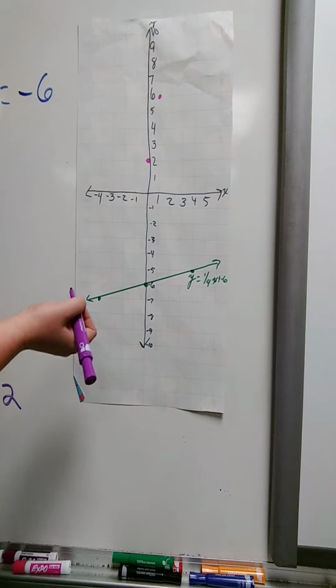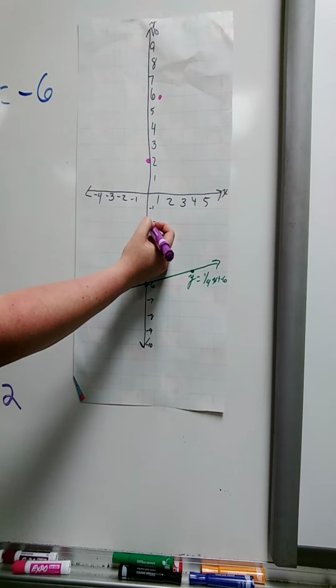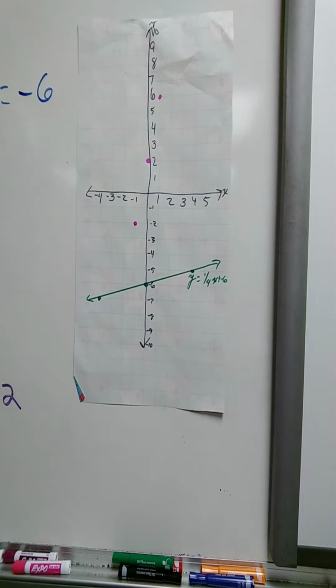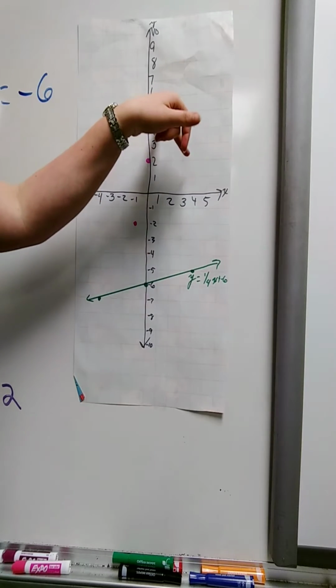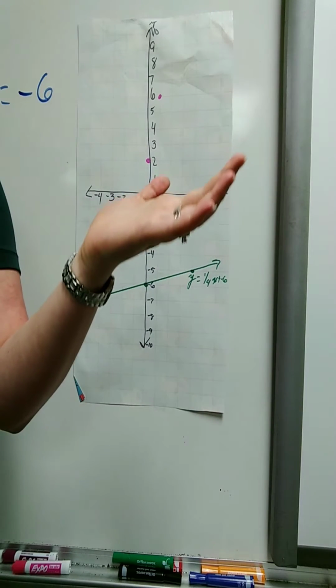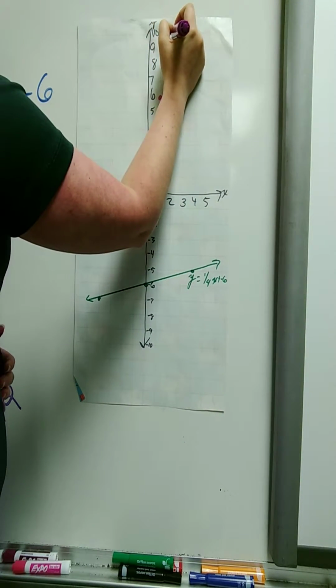So here I'm going to go down 4, left 1, and I end up at negative 1, 2. You know what? I'm going to go from the point 1, 6, up 4 and over 1 again just to make sure it stays in the same line.